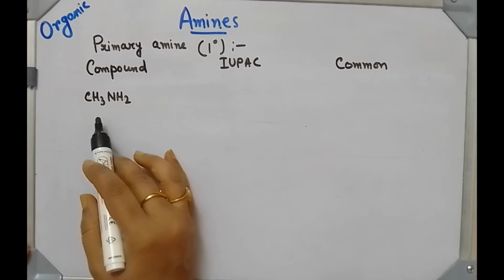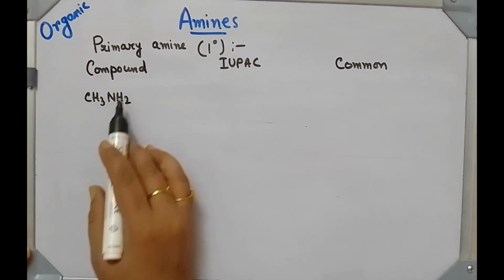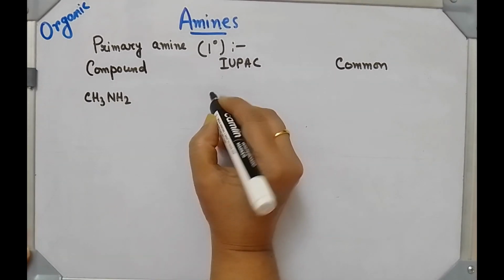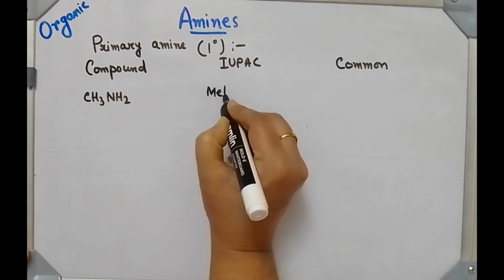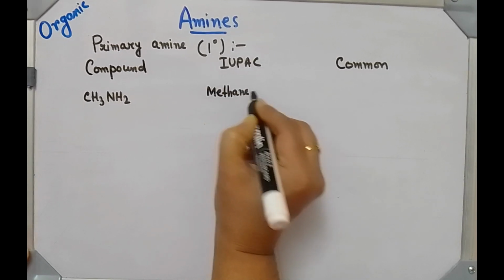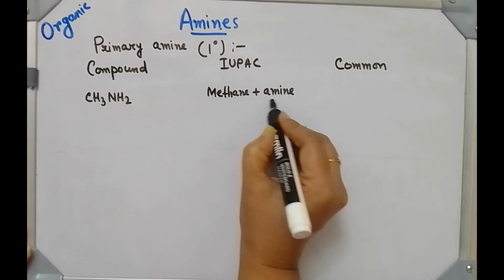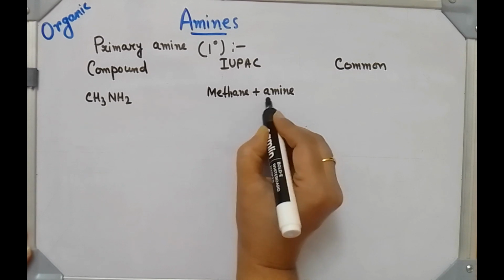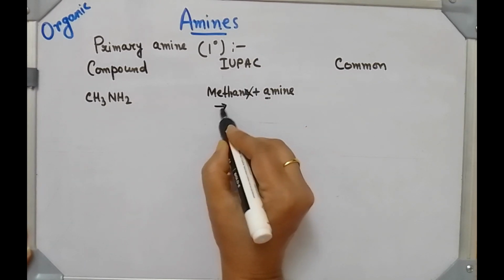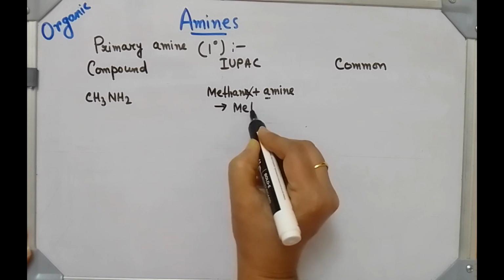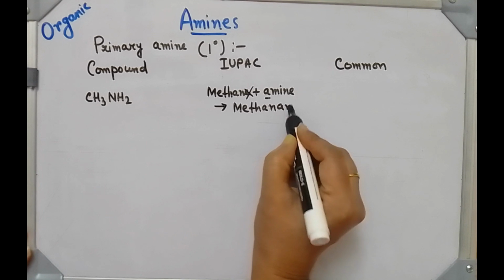So if the structure is CH3NH2, then 1 carbon atom is there. So methane plus amine. This is the secondary suffix, and since it starts with a vowel, you have to drop the e. Its name will be methanamine.